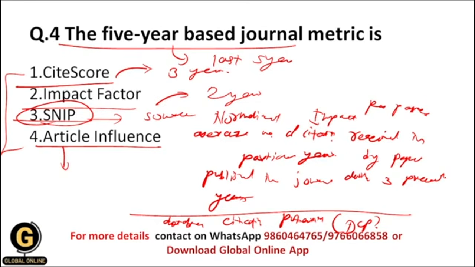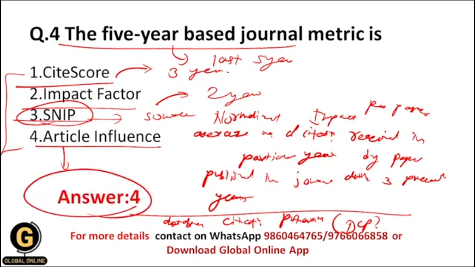Like I have told you earlier in this video, article influence is calculated by dividing the eigenfactor score by the percentage of all articles recorded in the journal citation reports that were published in a specific journal. Okay, and that's why your correct answer for this question is 4, article influence, because this is the 5-year based journal metric. Here you are dividing the eigenfactor score, which is the ultimate overall importance of a specific journal, by the percentage of all articles recorded in the journal.